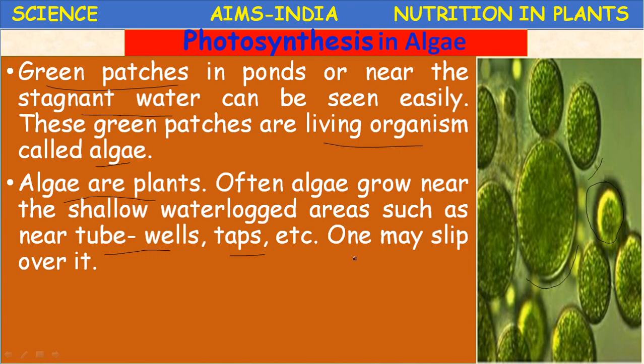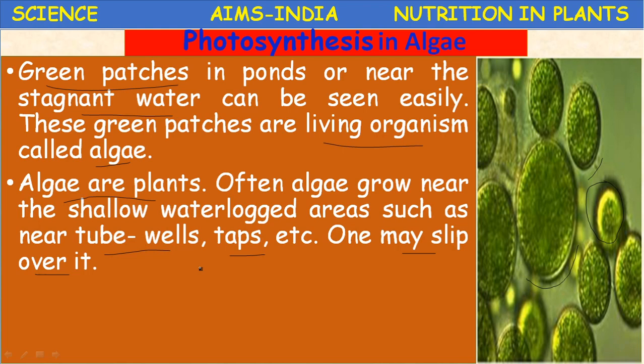One may slip also. Sometimes they are very slippery because a slimy layer is present on this algae. So sometimes you may fall down also. In the house also, where the water always stagnates, there these algae will grow.